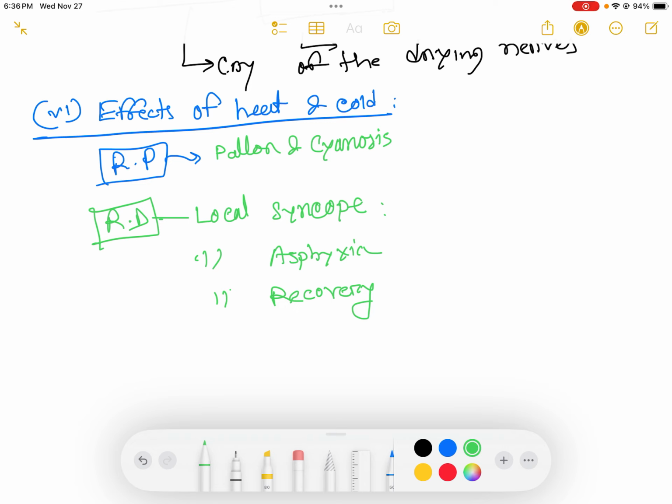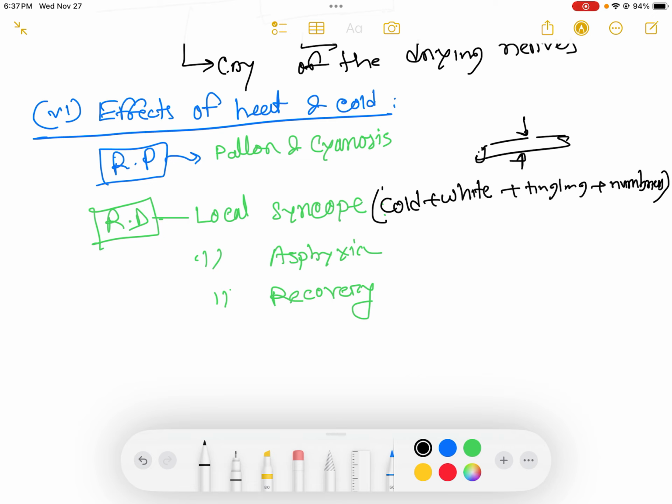These changes are due to spasm of the digital arteries.